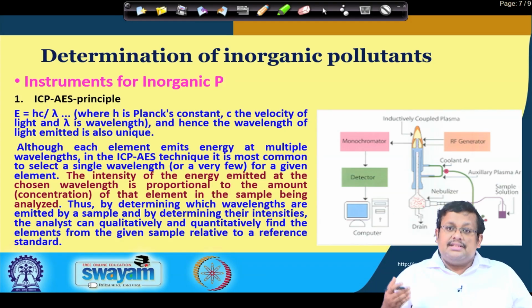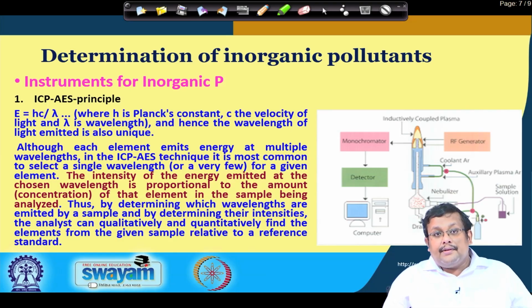So, if there is a high concentration of that particular element in that sample, then the intensity of the energy emitted will be higher. So, thus by determining which wavelengths are emitted by a sample and by determining their intensities, the analyst can quantitatively and qualitatively find the elements from the given sample relative to a reference standard.